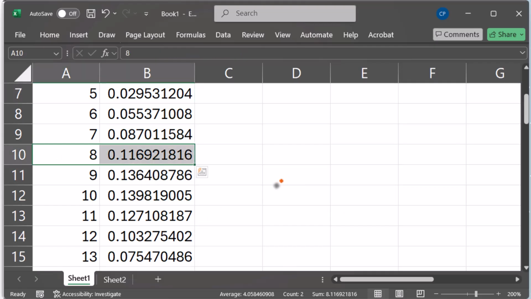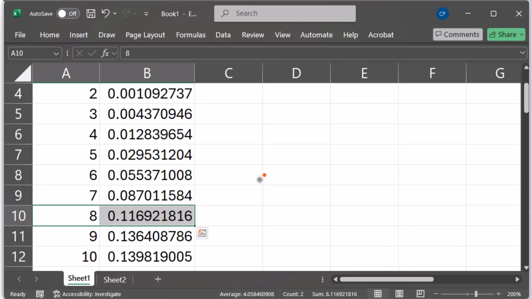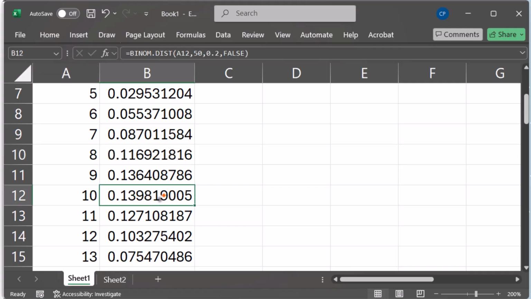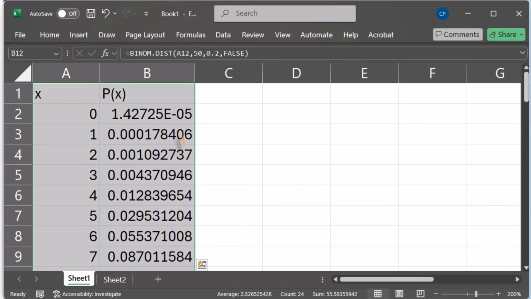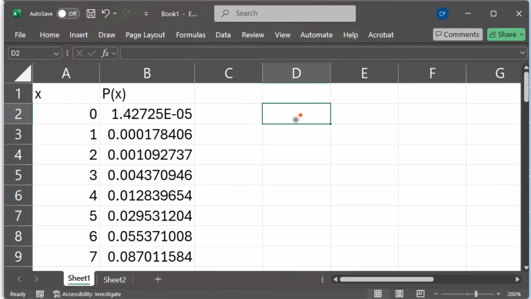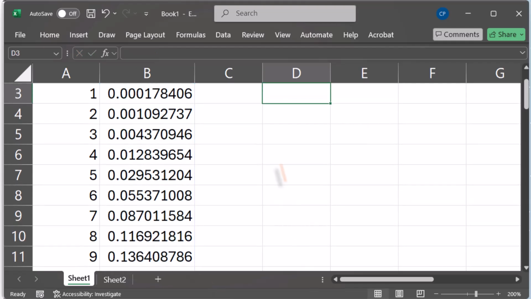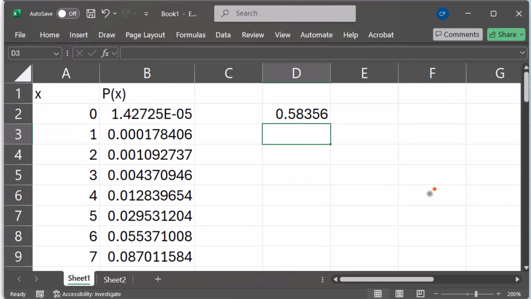I could also find ranges of probabilities, like what's the probability that 10 or fewer of the lineups would have false accusations. I can look at the possibilities of 10 and below and just add up these numbers with a sum. In this case, I'm seeing about a 58% chance of 10 or fewer false accusations.